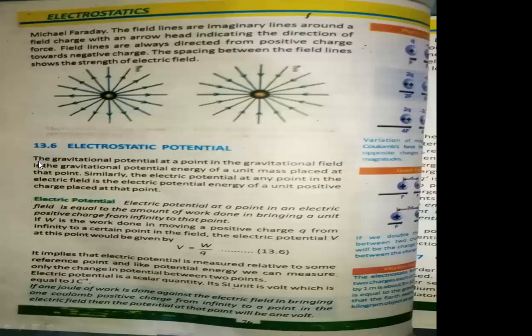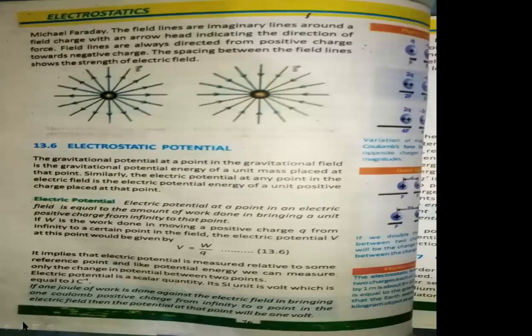The gravitational potential at a point in the gravitational field is the gravitational potential energy of a unit mass placed at that point. This is the definition of gravitational potential. Similarly, the electric potential at any point in the electric field is the electric potential energy of a unit positive charge placed at that point.